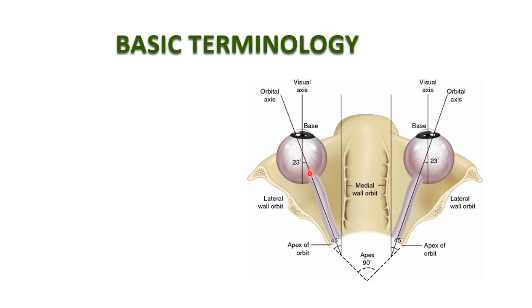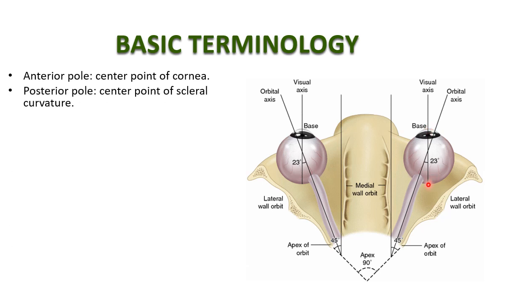The anterior pole is a point on the most convex part of the cornea, or the center point of the cornea, followed by the posterior pole, which is the point of scleral curvature, a point on the scleral curvature posteriorly.